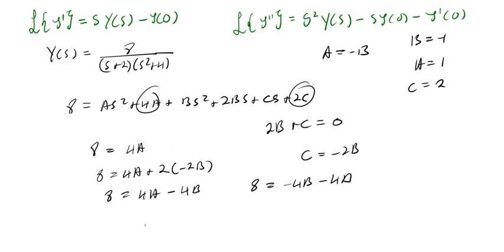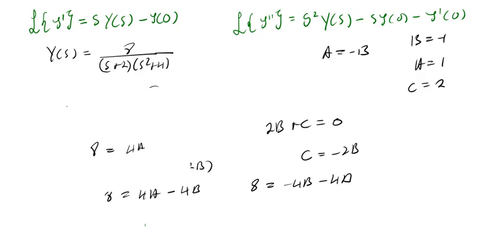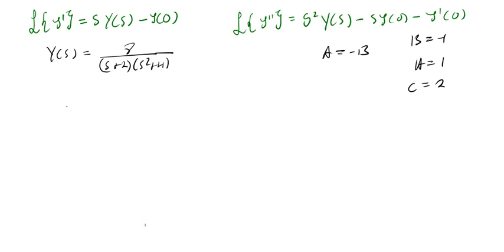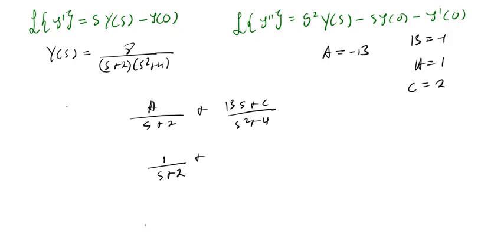Let me just see if this is correct. We said a over s plus 2 plus bs plus c divided by s squared plus 4. So 1 over s plus 2, plus our b is negative, so minus s, then our c is positive 2, over s squared plus 4.